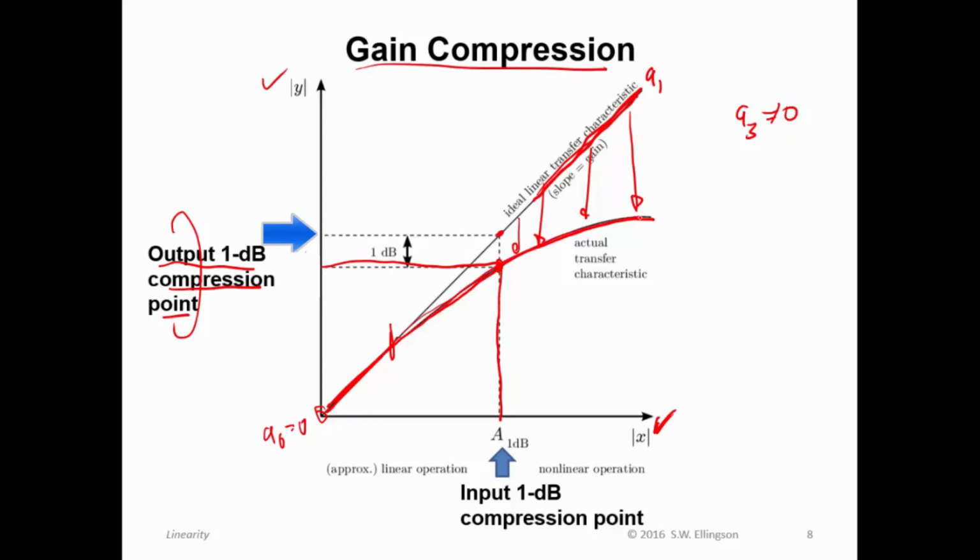Let me point out also that the idea of 1 dB compression applies regardless of whether you have a third order system or not, and regardless of whether you have just a single tone or not. In other words, you can compute a 1 dB compression point for 2-tone input or 3-tone input. So again, this is not specific to the third order memoryless polynomial system model.